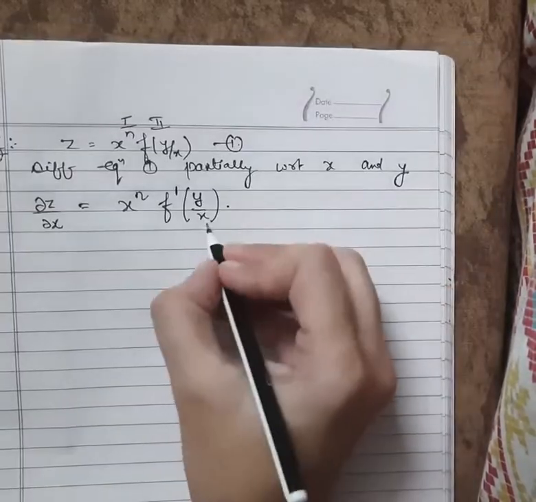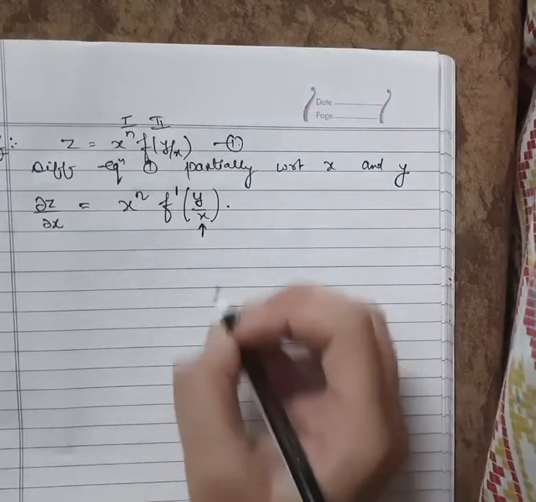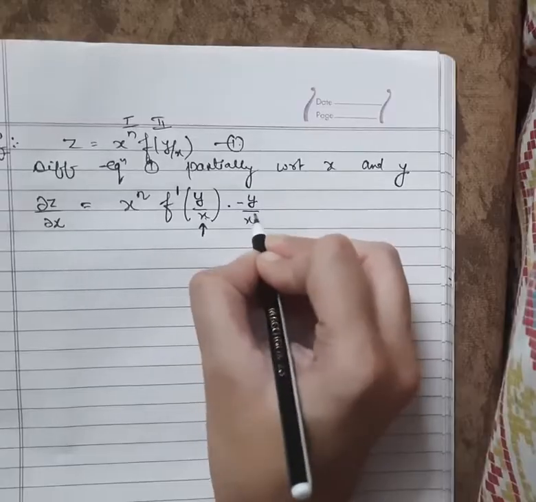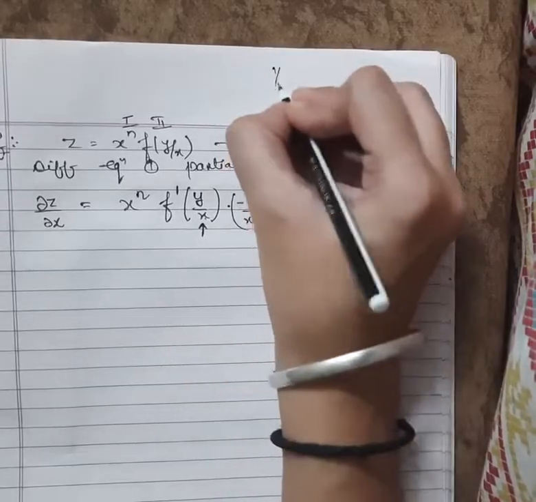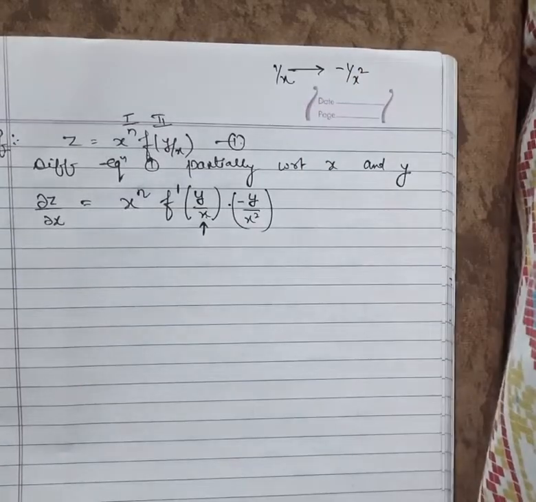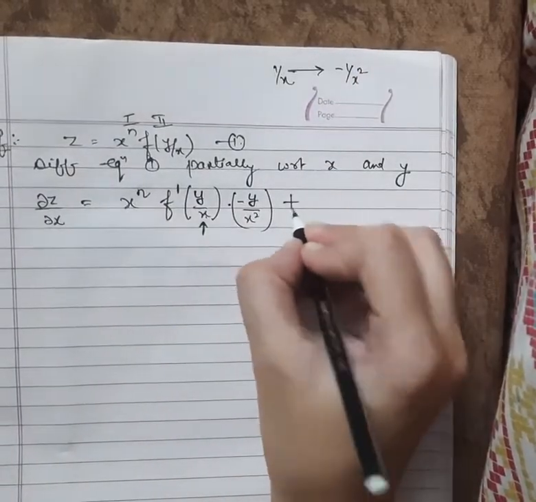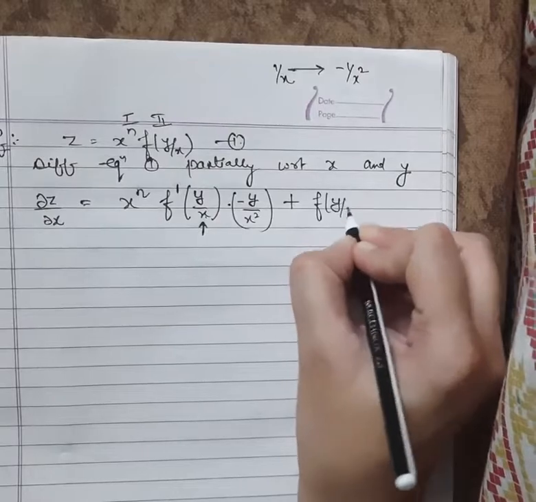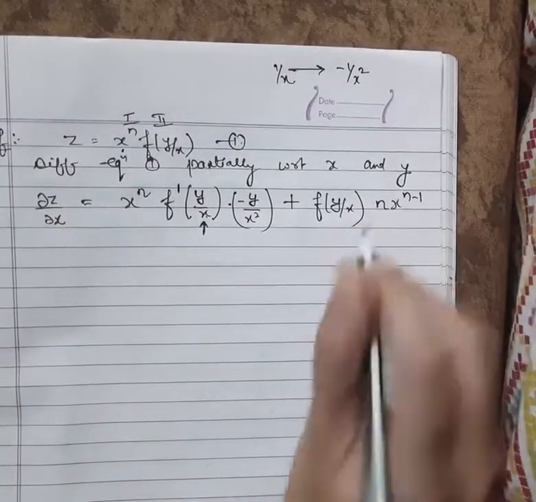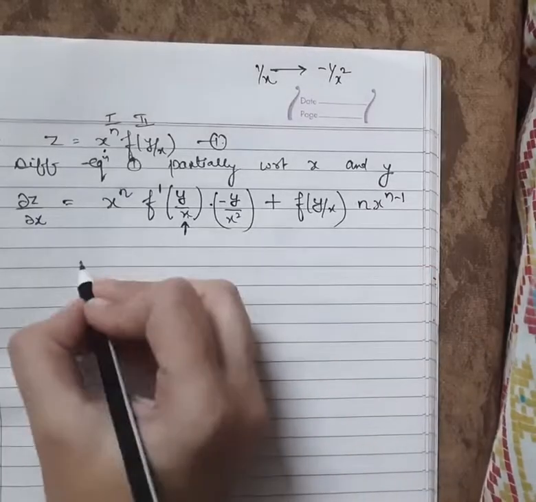Along with that, derivative of this angle, y is constant, and derivative of 1 by x is minus 1 by x square. Remember, derivative of 1 by x is minus 1 by x square, plus second function as it is, derivative of first one, that is n x raised to power n minus 1.